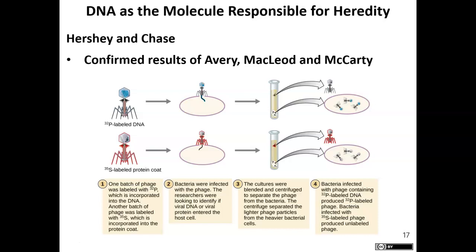So if it was the DNA, then they would take in that radioactive phosphorus. If it was the proteins, which a lot of scientists at the time still believed was the genetic information, because proteins are large, then the bacteria would take in the protein capsid. And so they shook off, or separated, the viruses in solution from the cells.